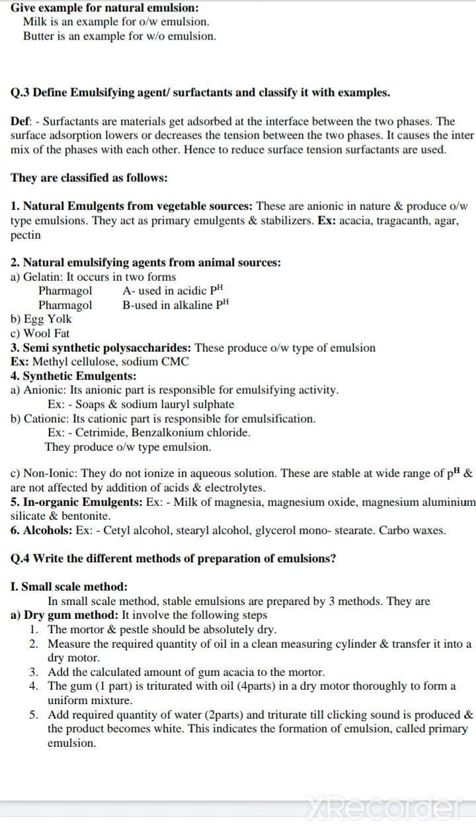The gum, one part, is triturated with 4 parts of the oil in a dry mortar thoroughly to form a uniform mixture. Then we add 2 parts of water and triturate. At the end, when the emulsion is formed, a clicking sound is produced and the product becomes white.